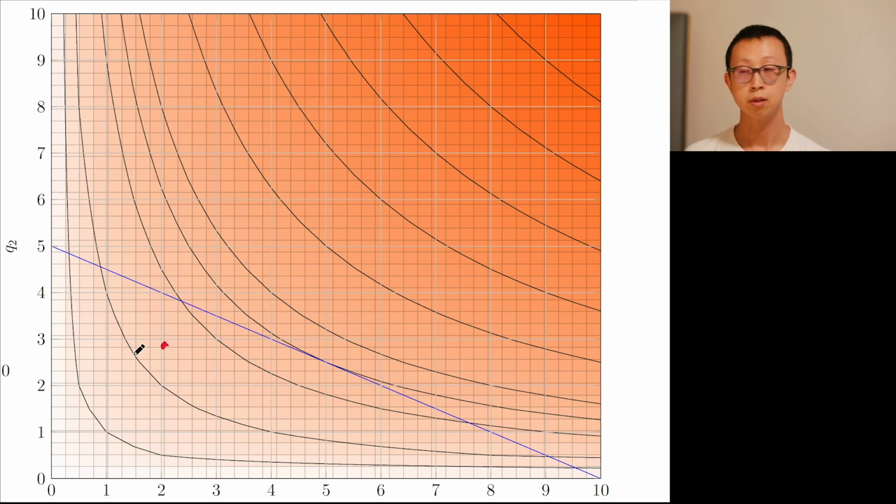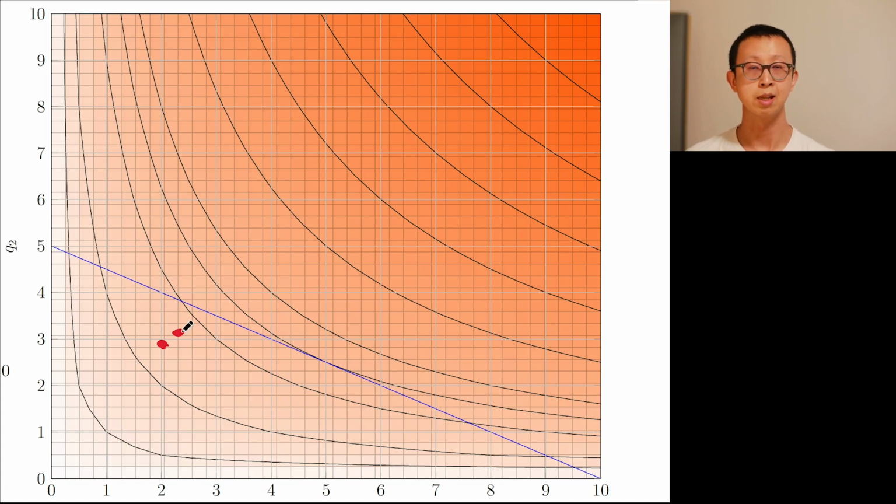Well, yes. Because we're still within our budget, the consumer can have more good 1 and more good 2 at the same time. So by moving this consumer's consumption bundle from our initial point to the second bundle, we're still not going over our budget, and the consumer now enjoys more good 1 and more good 2, so the consumer's utility definitely has to be higher.